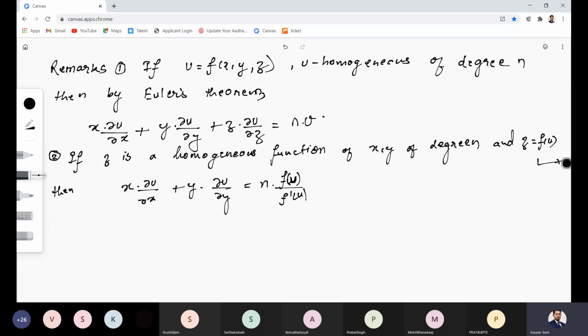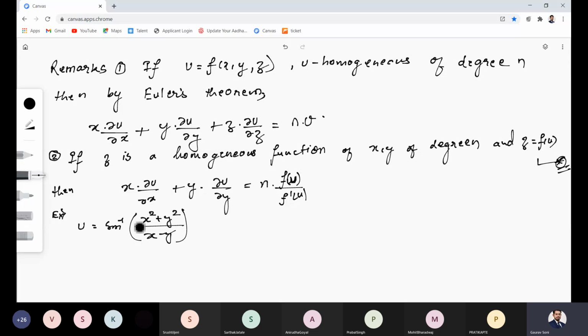Again, a very important remark I should say, because we have just now seen that function in our examples. So what was it? The u was written as u is equal to sine inverse of x square plus y square upon x minus y. Okay, so this type of function is not homogeneous.